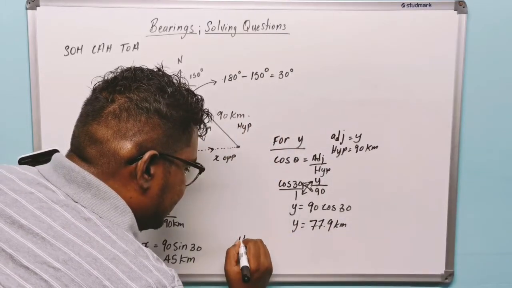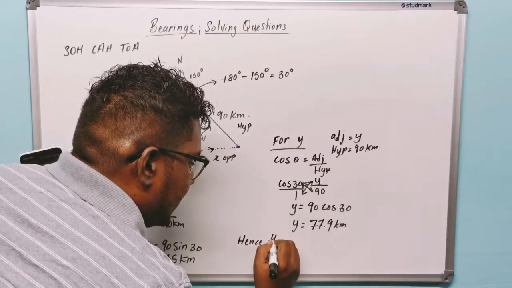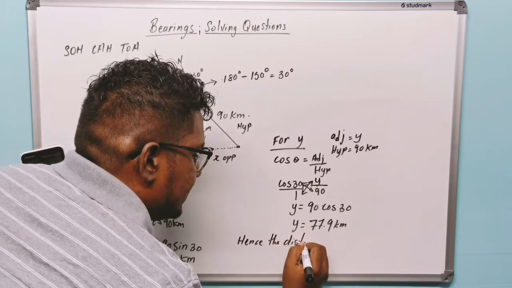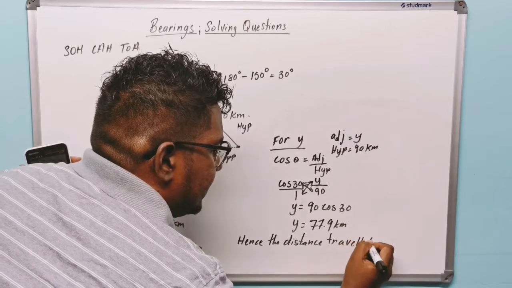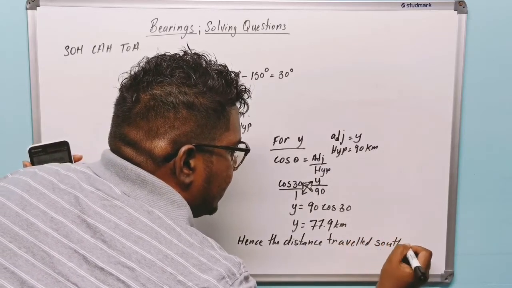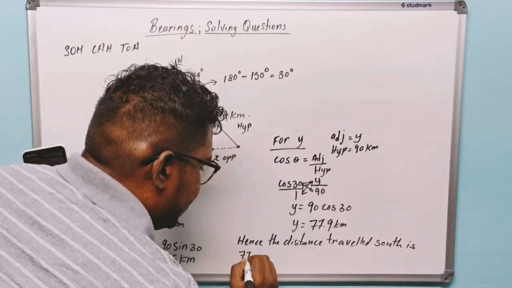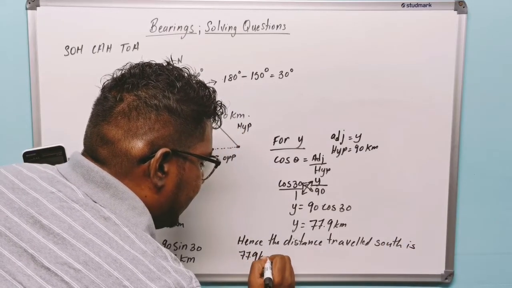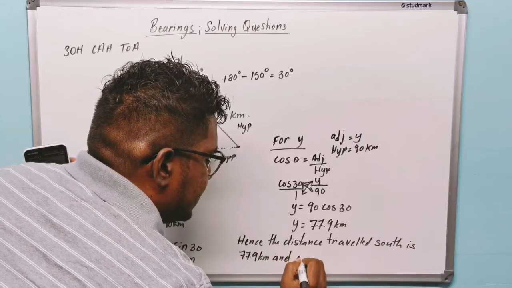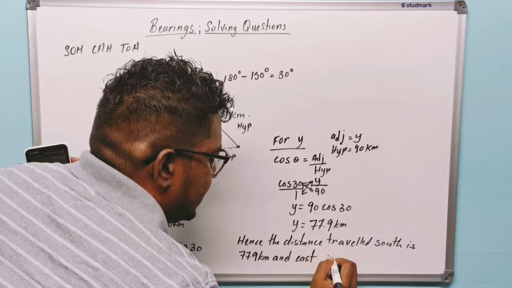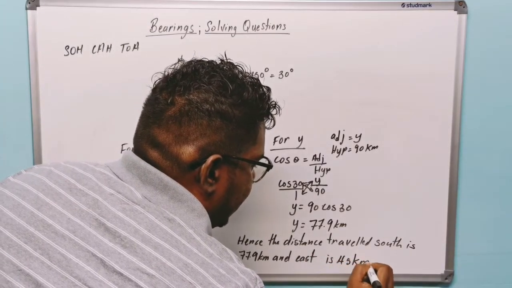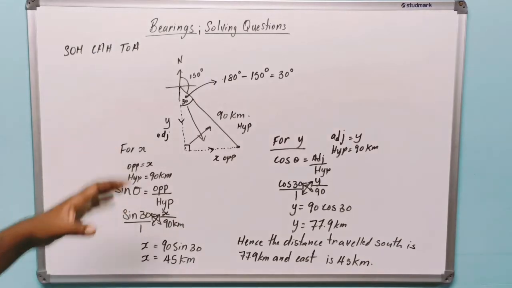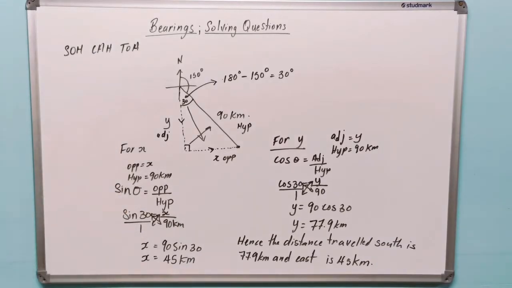So we can say hence the distance traveled south is 77.9 km and east is 45 km. And this is how you work an application to bearings using sine, cos, or tan.